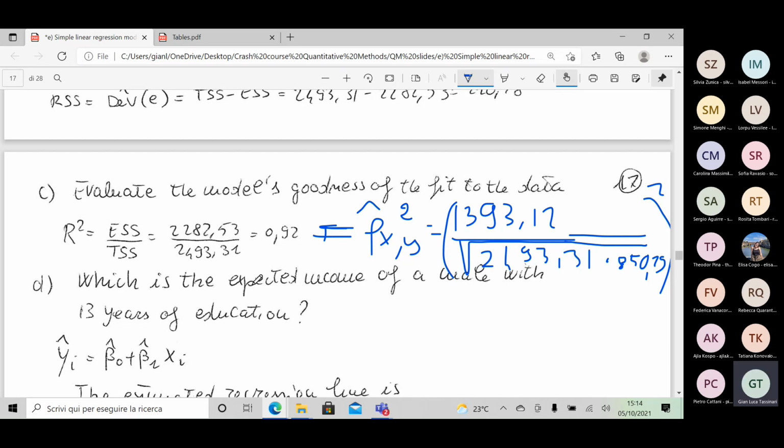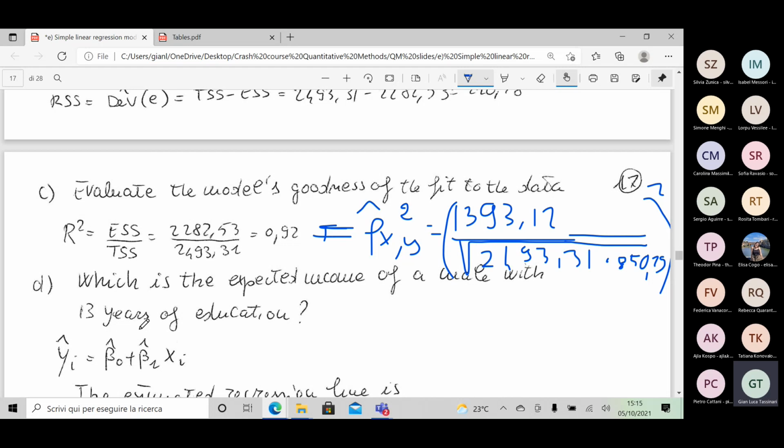Which is the expected income of a male with 13 years of education? Guys, as I told you, one of the main purposes for which you study a linear regression model or you estimate a linear model is to make forecasts. Suppose that inside your sample, you do not have an individual with 13 years of education, for example.